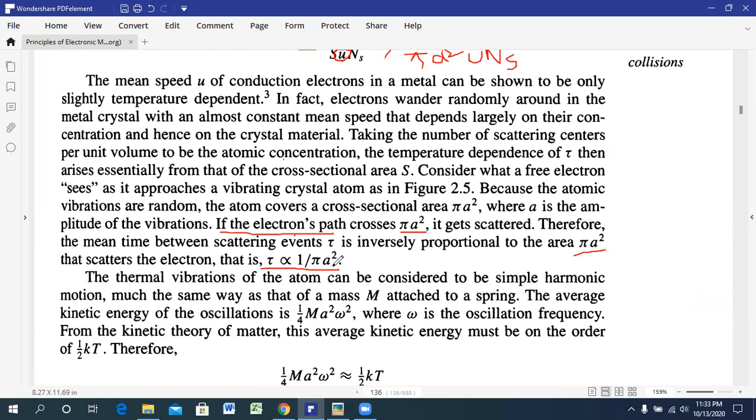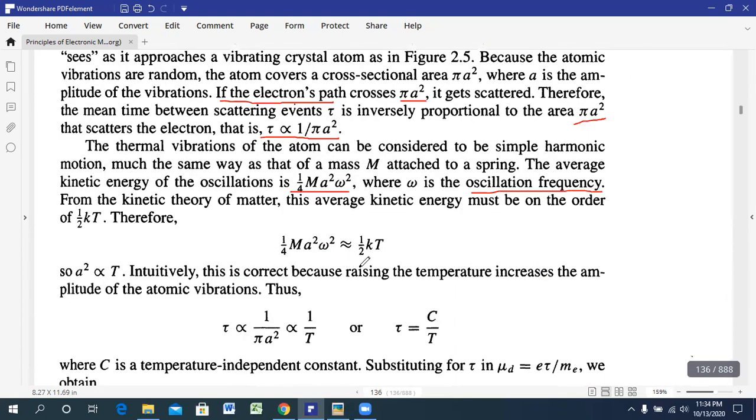So we know from angular motion that the average kinetic energy of the oscillation is 1 by 4 m a square omega square, where omega is the oscillation frequency. Similarly we can write that 1 by 4 m a square omega square equals half kT. If we look at this, m is a constant, half k is a constant, and omega is constant.